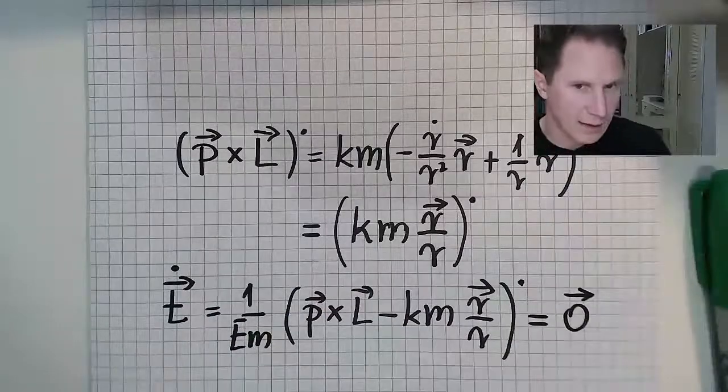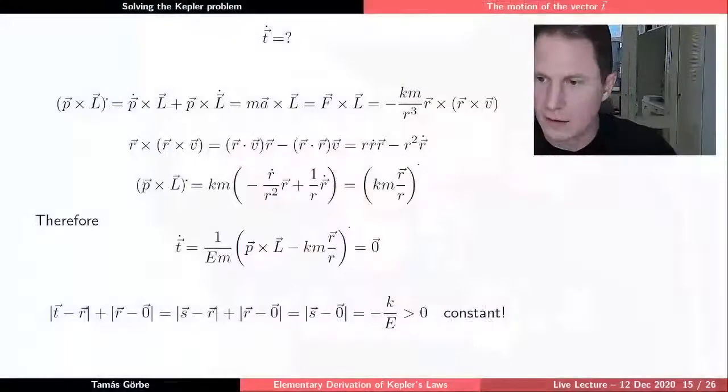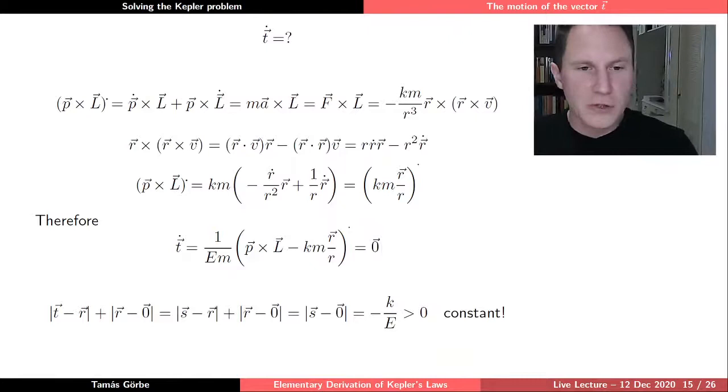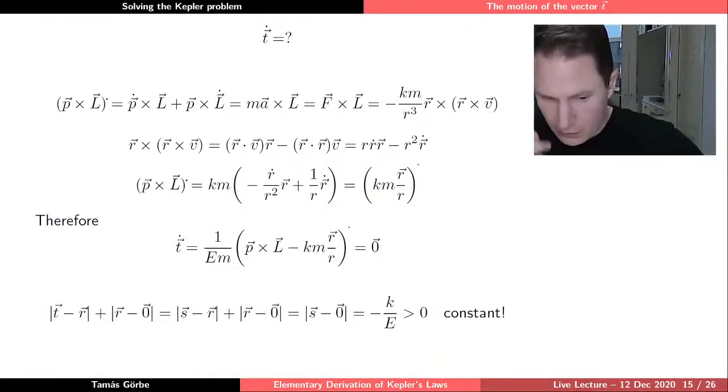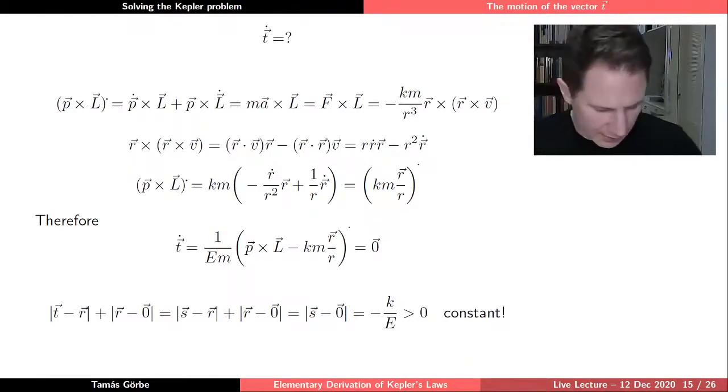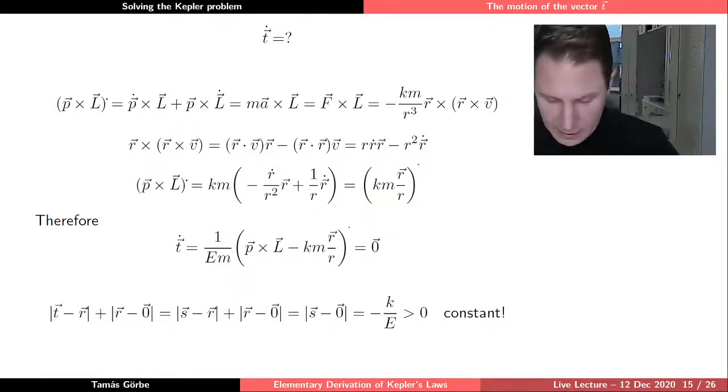Okay, so what we have proved here is that the rate of change of t is zero. T is a conserved quantity, this vector. So that point in the circle won't move as our planet goes along its orbit.